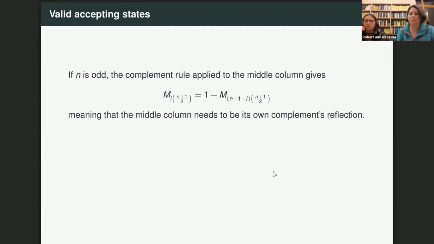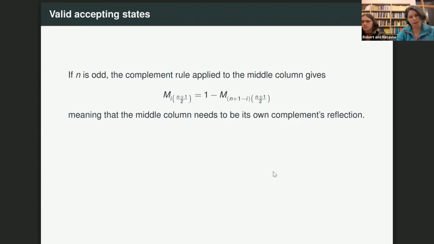And these are elements in the same column. What this means in a picture is that the middle column needs to be its own complement's reflection, and the only 2 columns that satisfy that condition are 1, 1, 0, 0 and 1, 0, 1, 0.